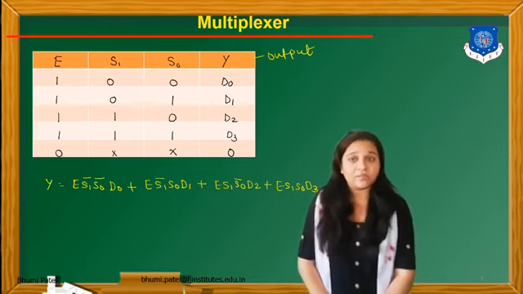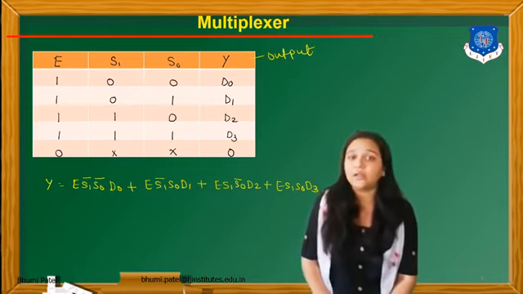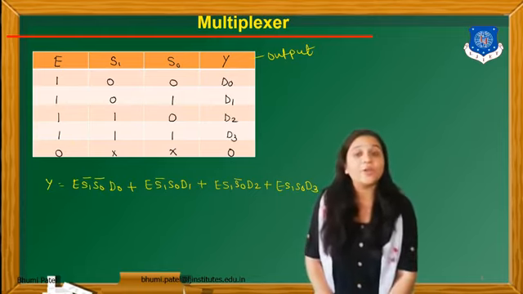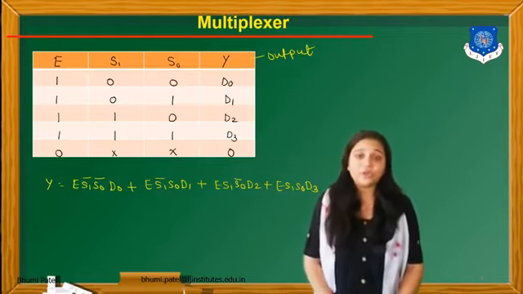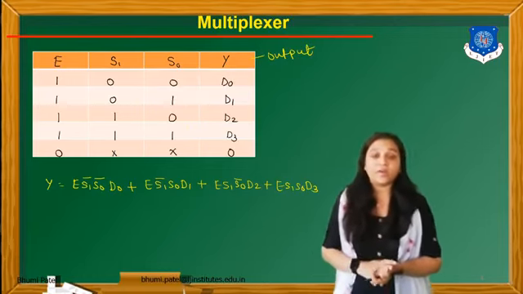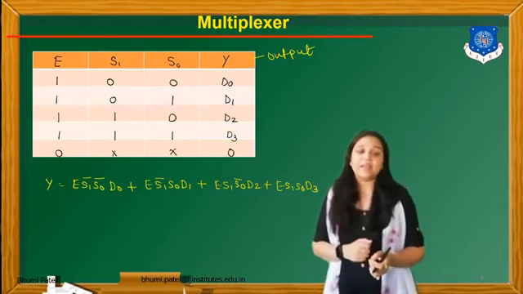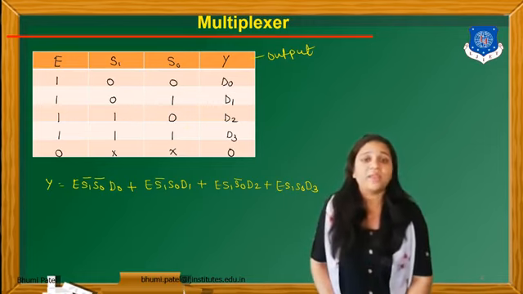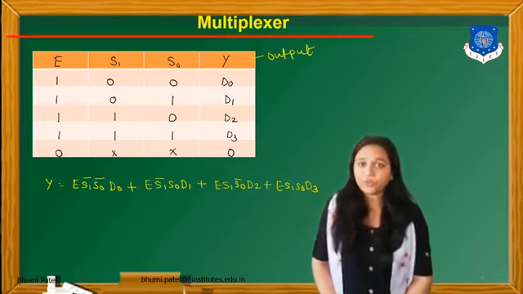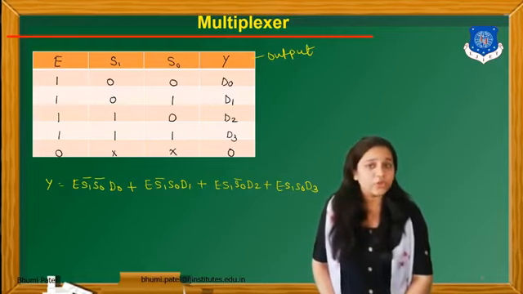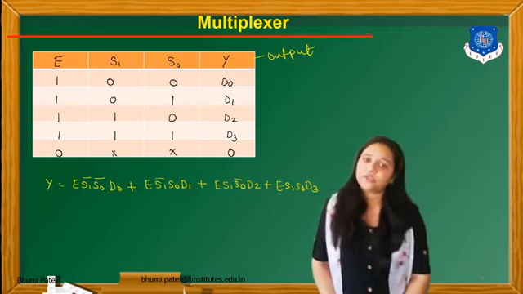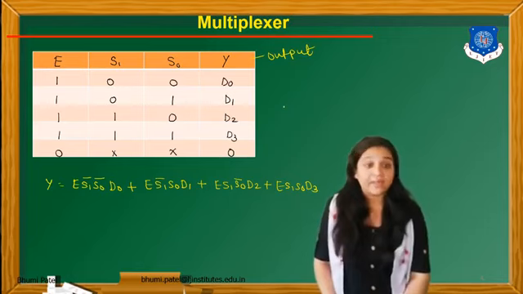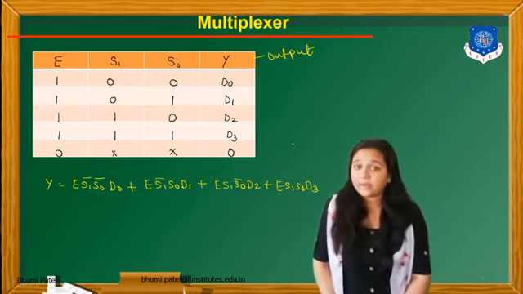Whenever the enable is 1, the output is decided by the selection lines. With 2 selection lines we have 4 possibilities, 0 0, 0 1, 1 0 and 1 1, and depending upon the selection lines we get the output. If both selection lines are low, we get the D0 output. If S1 is 0 and S0 is 1, we get D1. For 1 0 we get D2, and for 1 1 we get D3.